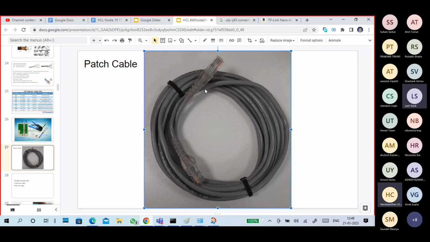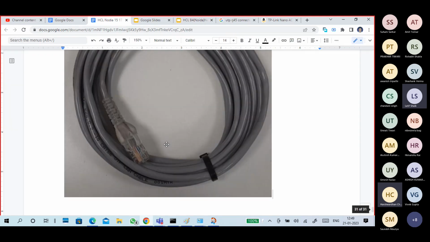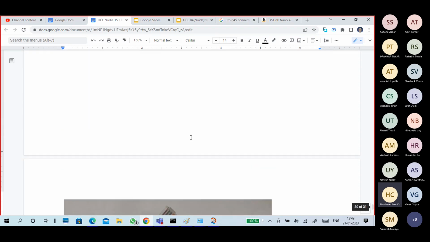Yes, this is called a patch cable or a LAN cable. We can see this is a patch cable or a LAN cable.